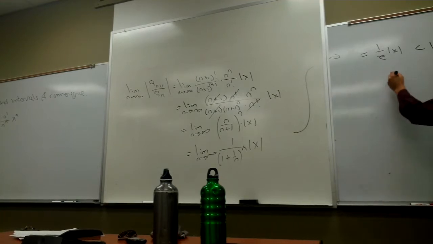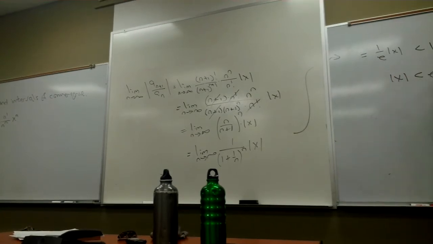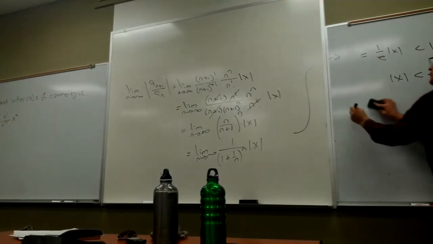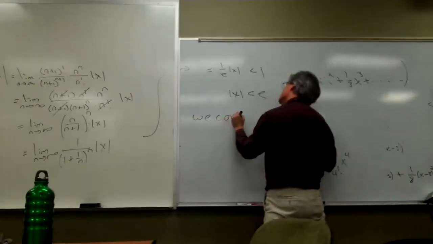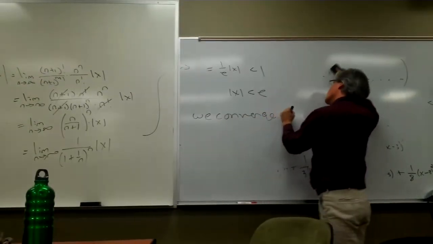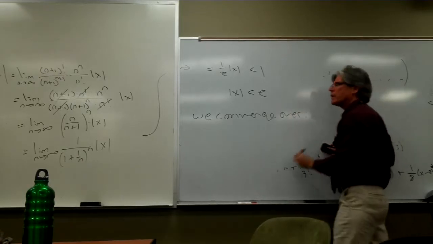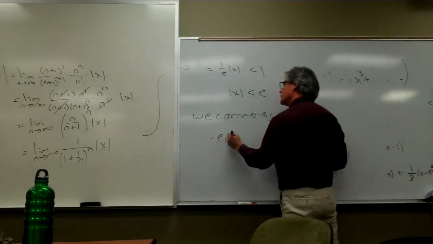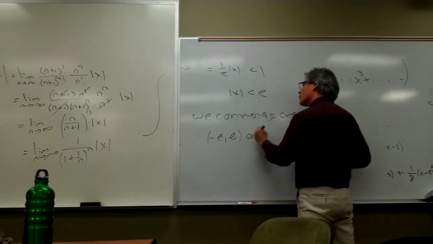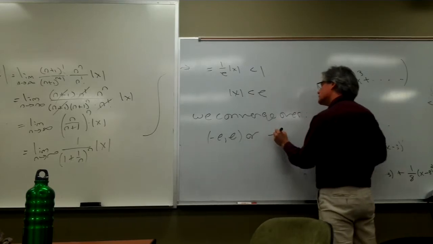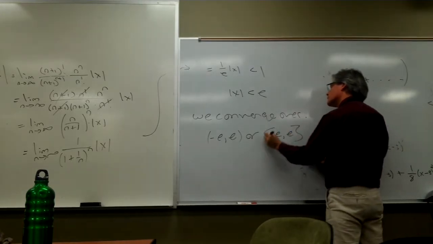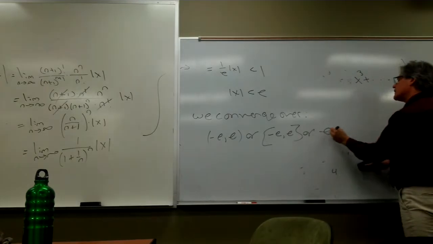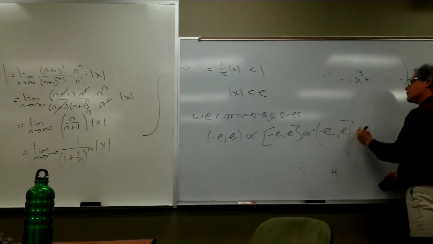But that necessarily implies the absolute value of x is less than e, which means we converge over one of the following intervals: from negative e to e, open, or from negative e to e, closed, or from negative e to e, one open, the other closed, or vice versa.